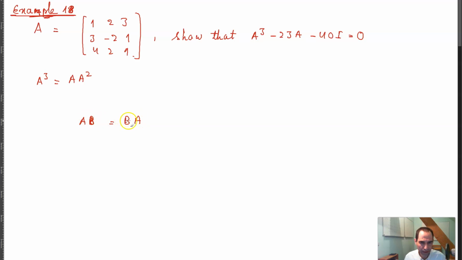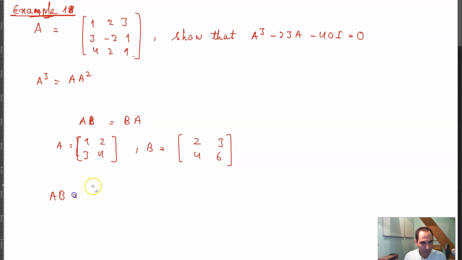They will not necessarily have the same values. For example, let's say that A is equal to 1, 2, 3, 4 and B is equal to, for example, 2, 3, 4, 6.